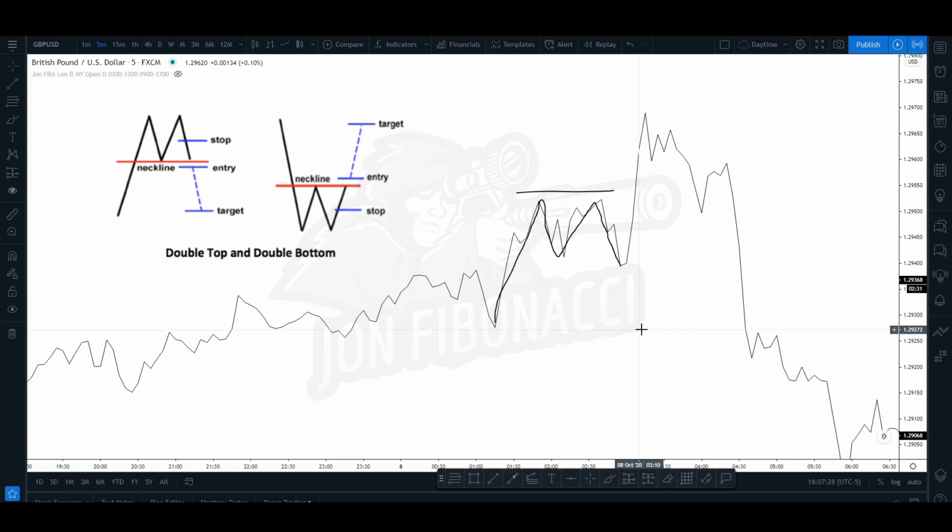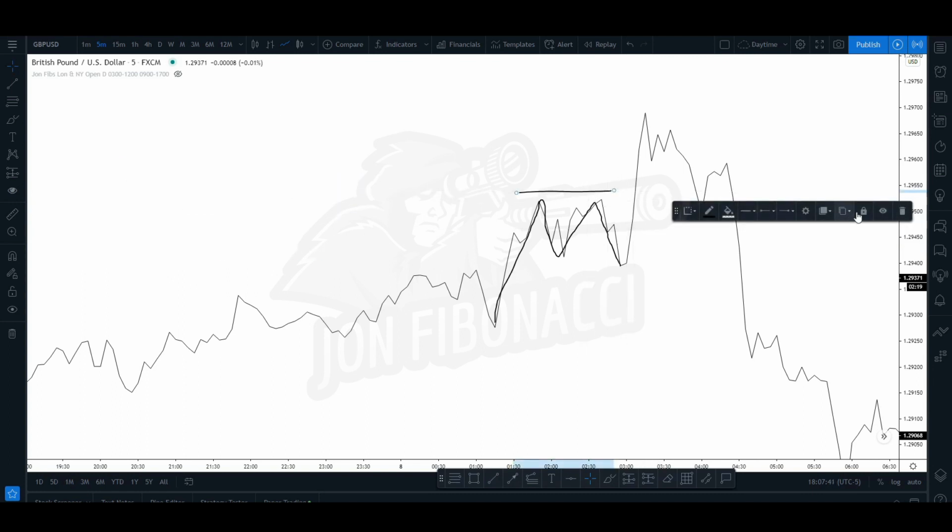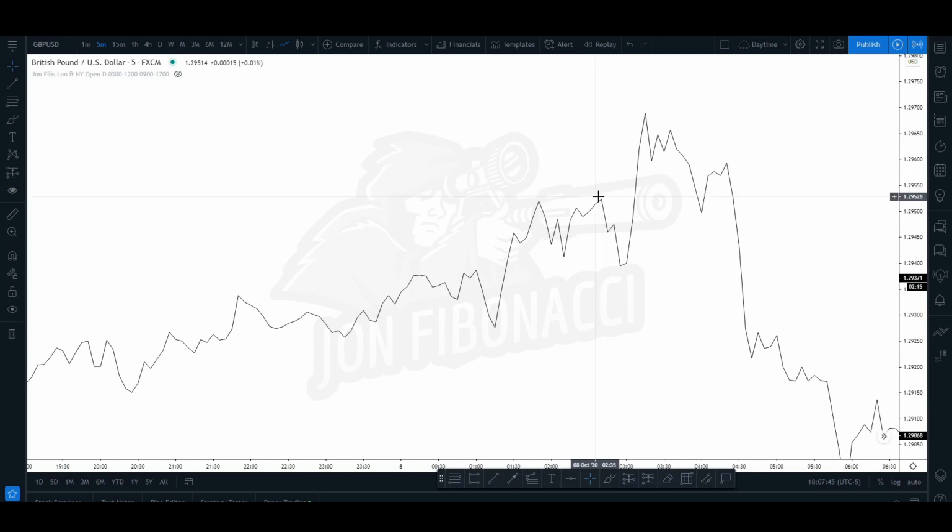Day traders look at small time frames, they're seeing that double top and they're looking to short probably on that breakout or even on the retracement like I just showed you. And their stop is going to be above the so-called double top. And that's why I don't short double tops.